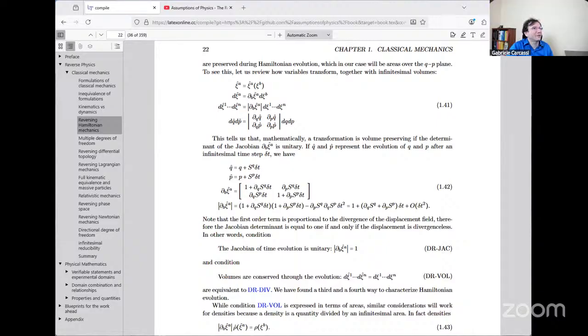If you're referring to the orthogonal group, yes, orthogonal groups have a unitary Jacobian. I don't recall, are all the matrices with unitary Jacobian part of the orthogonal group? I don't remember the definition.